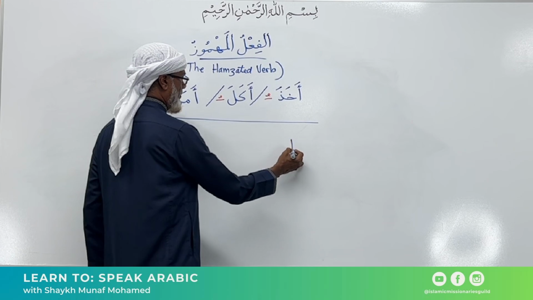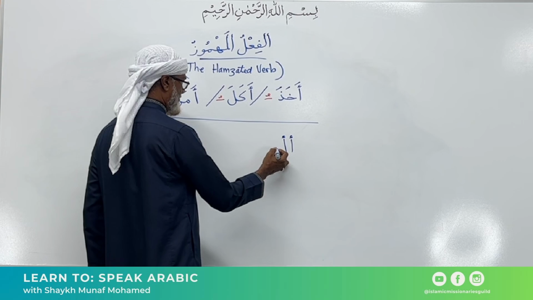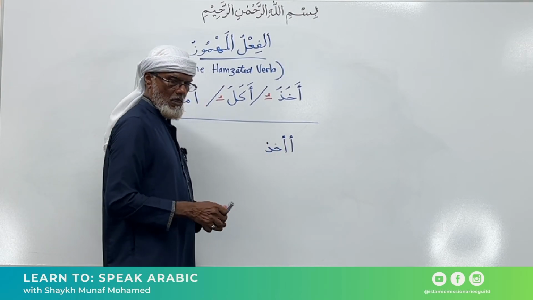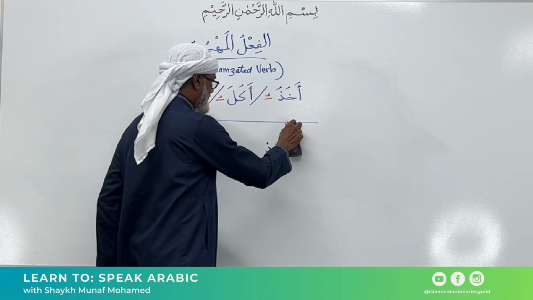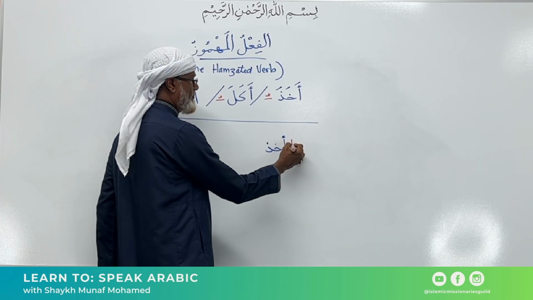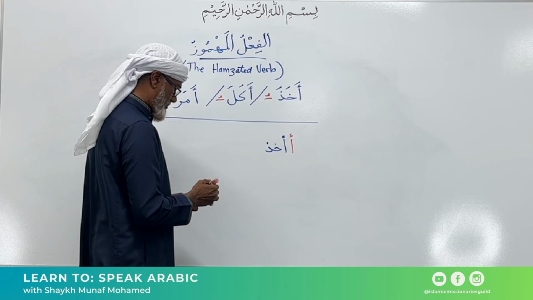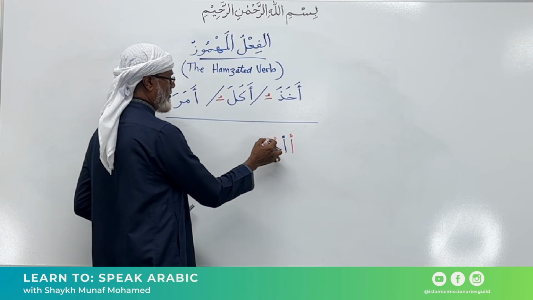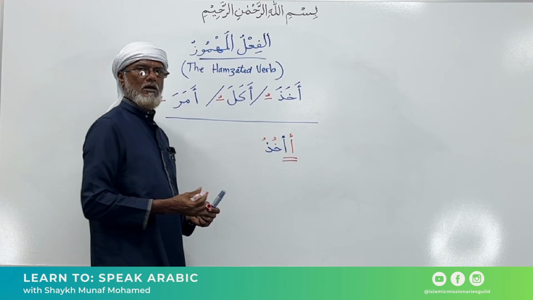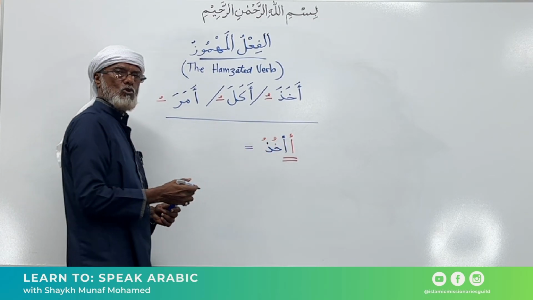So we have the verb, and this is the present tense aleph for I. Because we have two alephs coming together, the Arabs hate to write it twice.